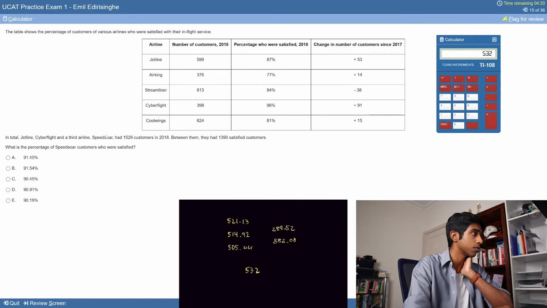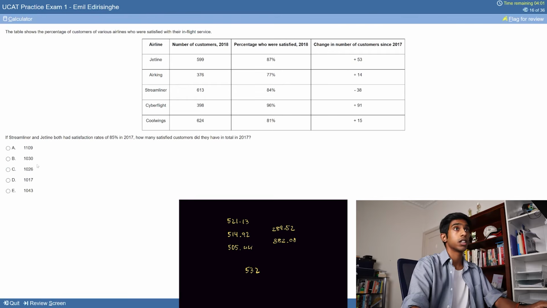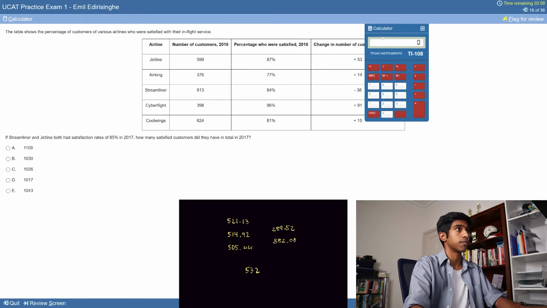Between them, they had 1390 satisfied customers. So we had what? Okay, 1390 minus 521 from before, and minus 382, because that. So that's the amount of satisfied customers divided by 532. 9154.